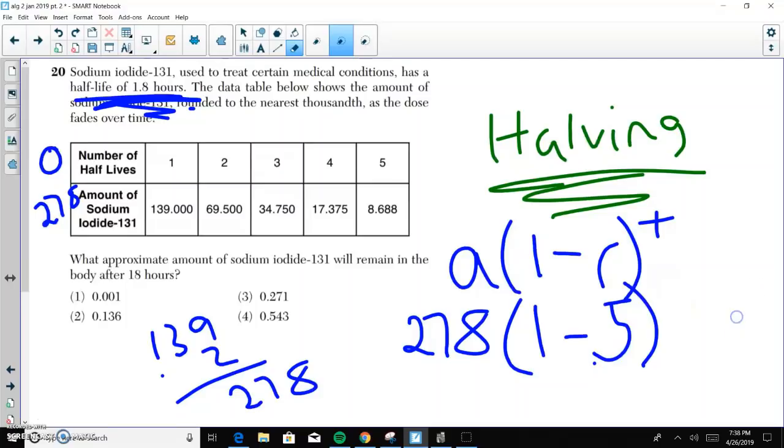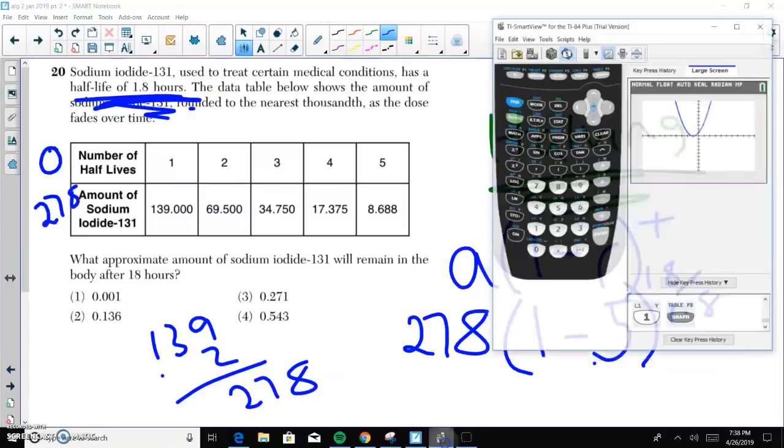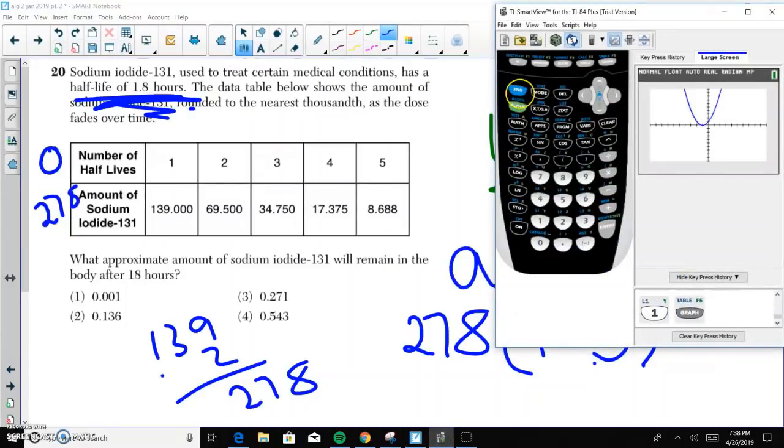Let me write that as the power. 18 over 1.8, so that's the power, because there are 10 half-lives, and each half-life is 1.8 hours. We need to do that in this problem. So now we're going to put that into our calculator and get an answer.